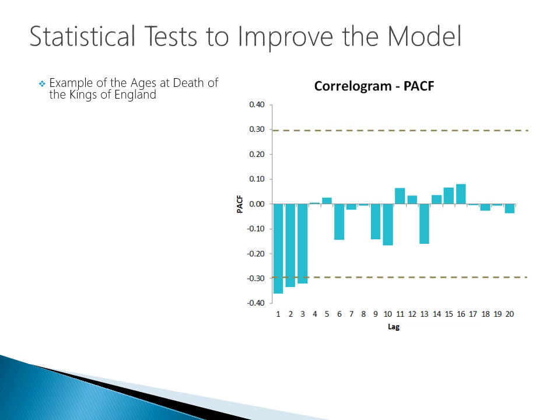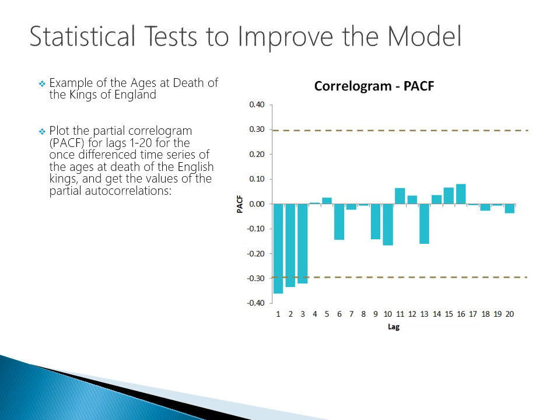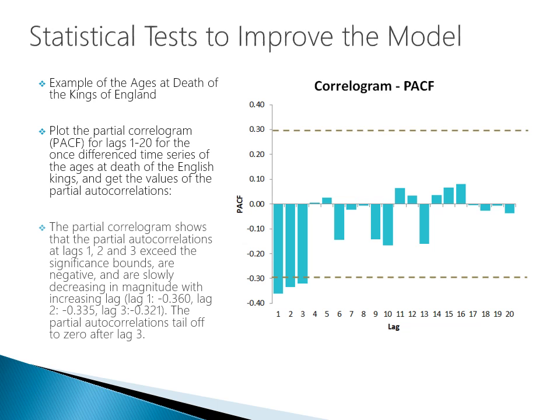Now for our example of the ages at death of the kings of England, looking at our partial autocorrelation function, we plot the partial correlogram for lags 1 to 20 for the once differenced time series of the ages at death of English kings, and we get the values of the partial autocorrelations.